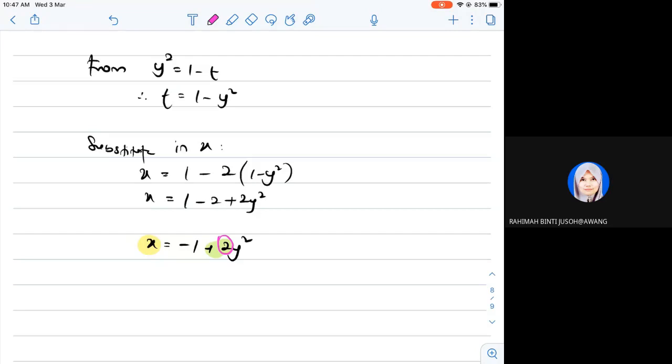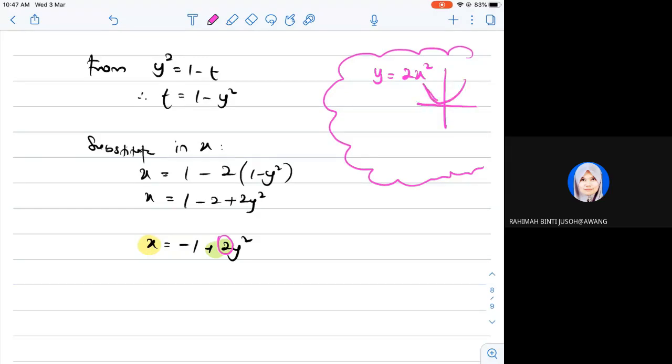Okay guys, saya lupa nak mention tadi, koefisien ni dia tak kisah tahu nilai dia apa sekalipun, 10 ke 20 ke, tak kisah. Koefisien ni hanya menunjukkan bukaan U tu, bukaan tu menguncup ataupun mengembang. Contoh, kalau y equals 2x squared, dia akan jadi macam gini kan?